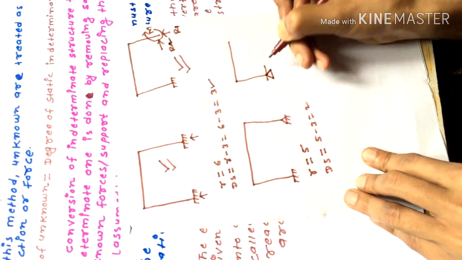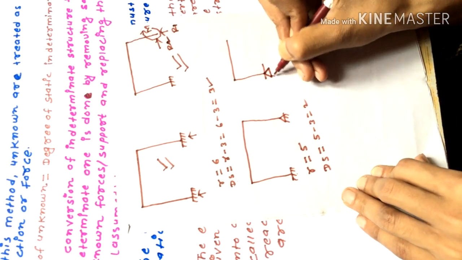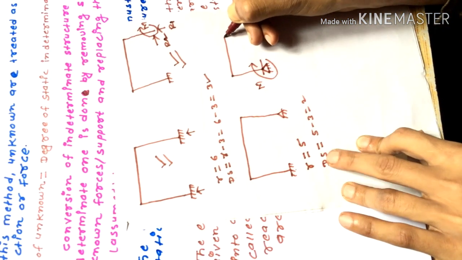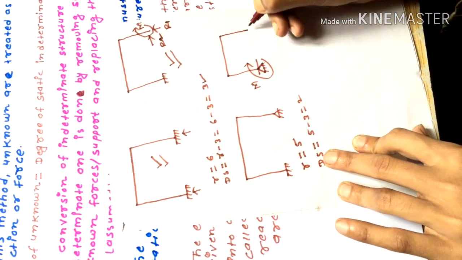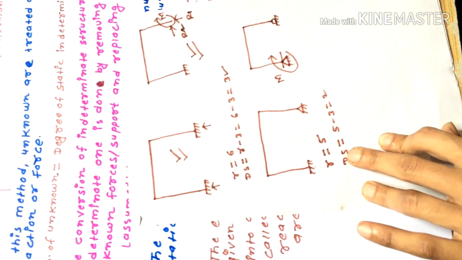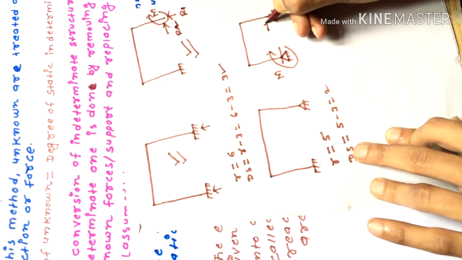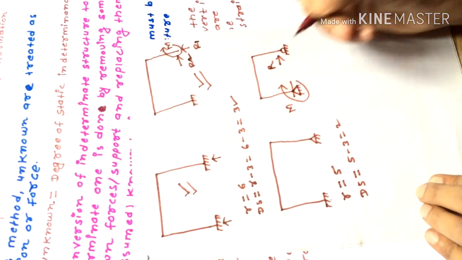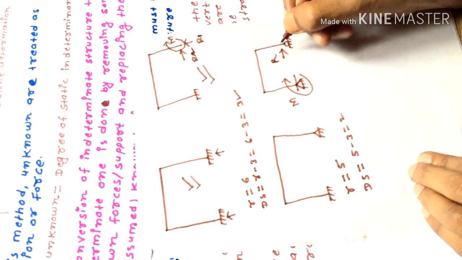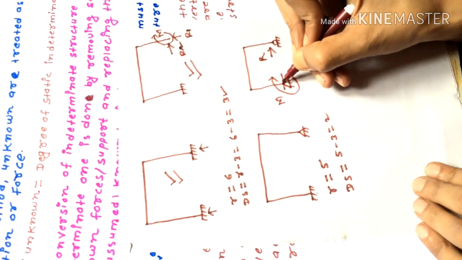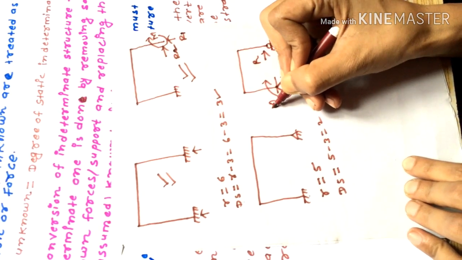Let me change this fixed support into a hinge, thereby placing a moment. This is the moment. And let me convert this into a roller support, thereby putting a horizontal force, let it be R. So in the force method, we have a choice of redundants, and here we have removed the fixed support, changing it into a hinge support, thereby placing a moment.